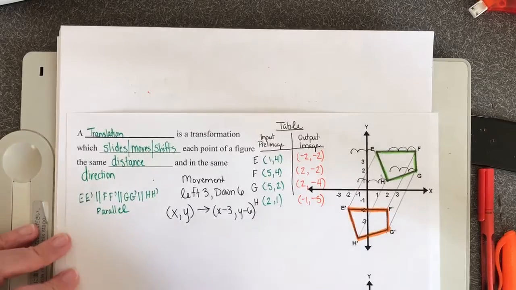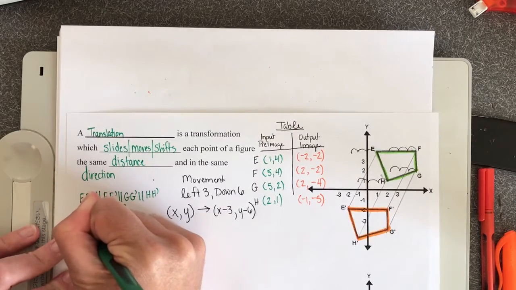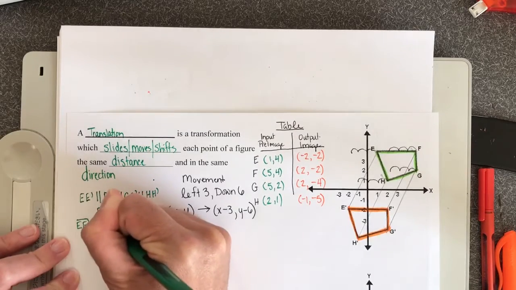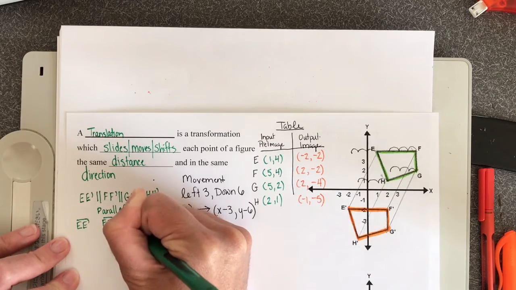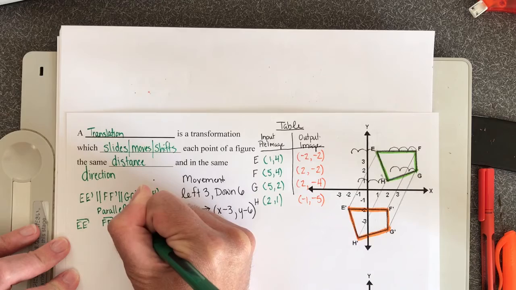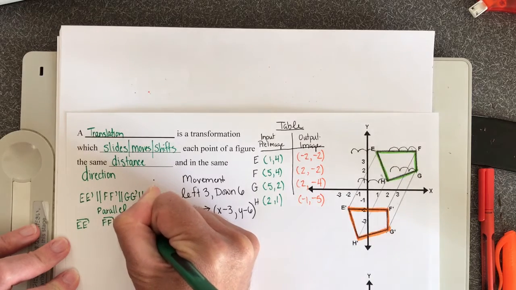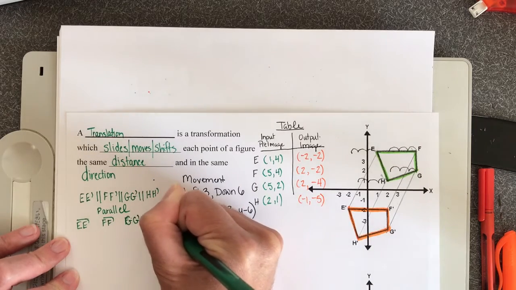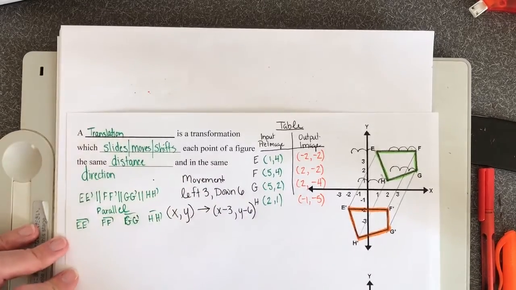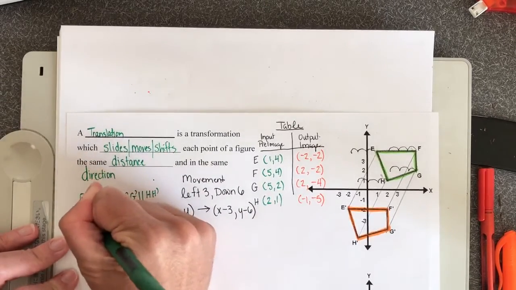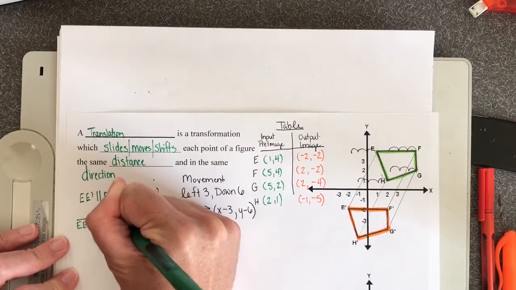But also notice that your segments are also the same length. What do we call it when we're the same length? We're congruent to each other. So all of these segments are congruent.